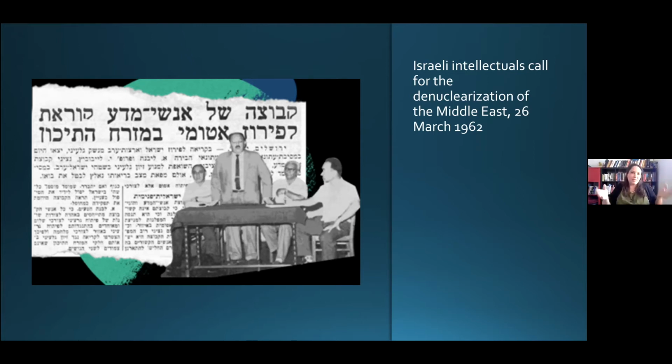Specifically, I think this is a great story: as early as the 1960s in Israel, you had groups of intellectuals, one very important group, calling for the establishment of what would in the future become a WMD or nuclear-free zone, depending on which initiative you choose to take.